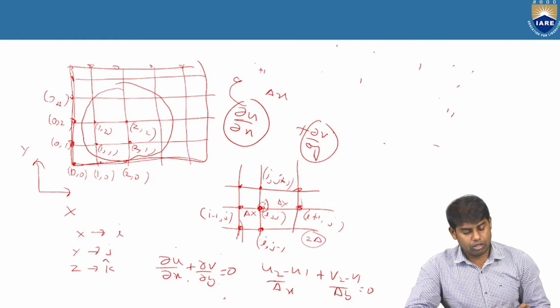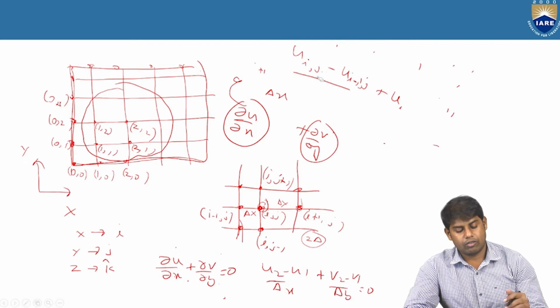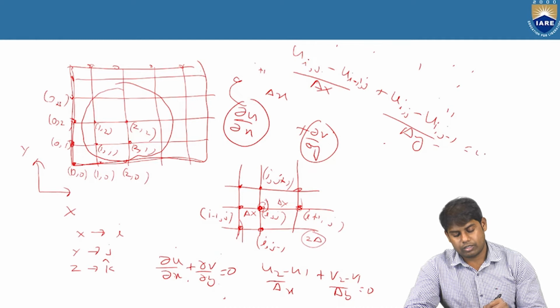Now for the backward difference, you take (u(i, j) - u(i-1, j))/delta x plus, sorry, if only i is varying it is delta x, and here (u(i, j) - u(i, j-1))/delta y equal to 0.